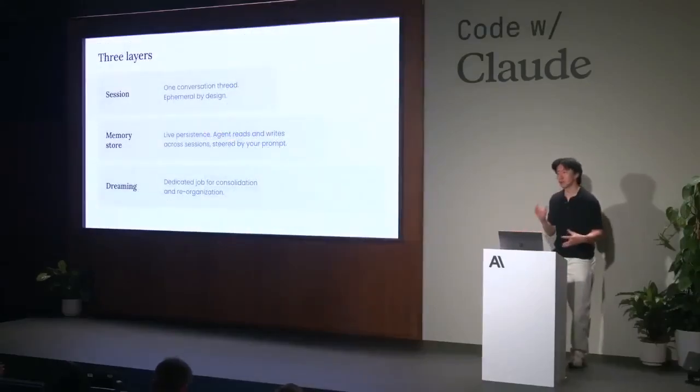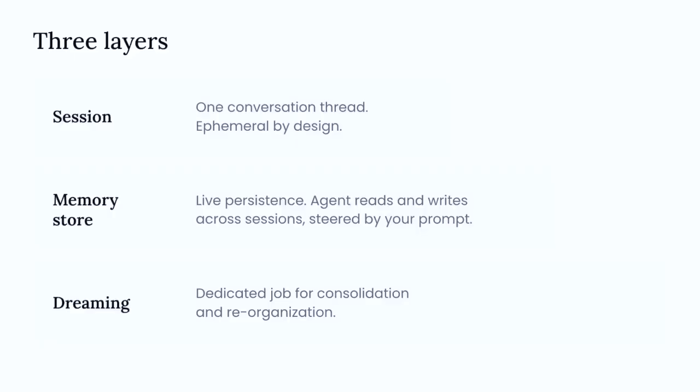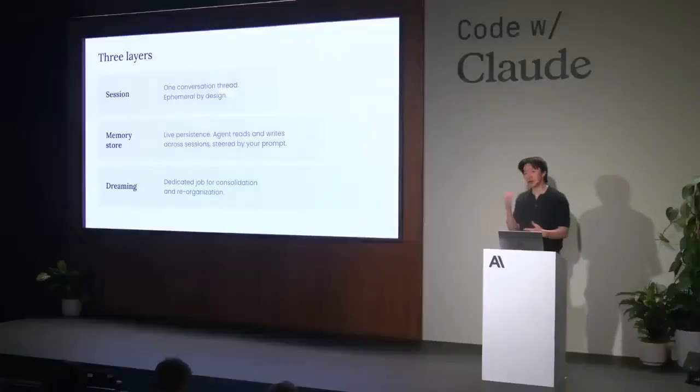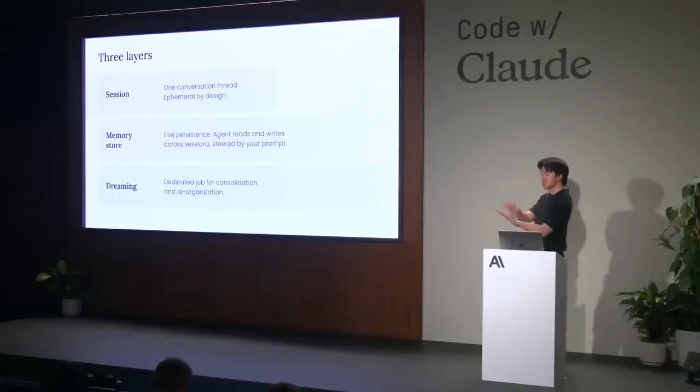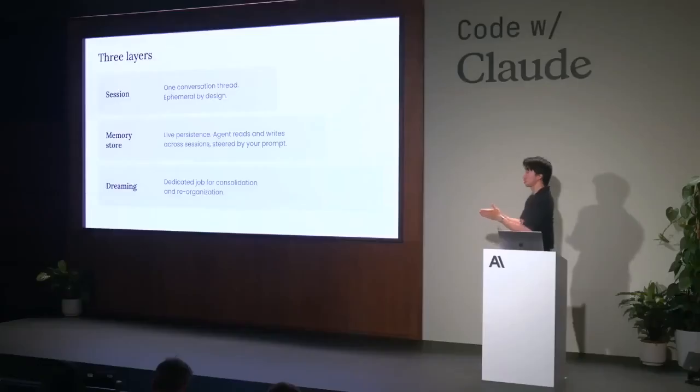And talk a little bit about how you can view sessions, memory stores, and Dreaming as 3 composable layers. If you think of a session as an isolated instance of an agent running, it's typically one conversation thread, typically ephemeral, right? A memory store augments that, so now you can connect information across multiple sessions.